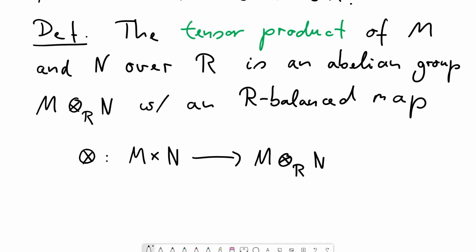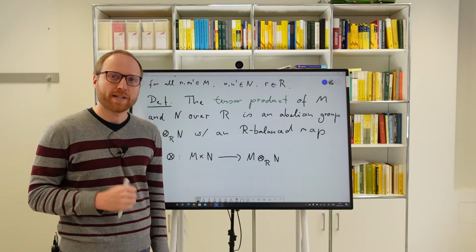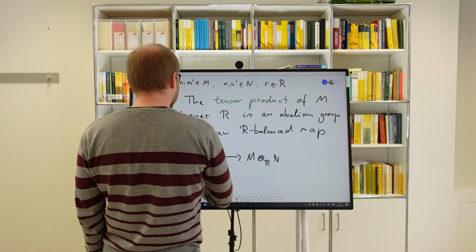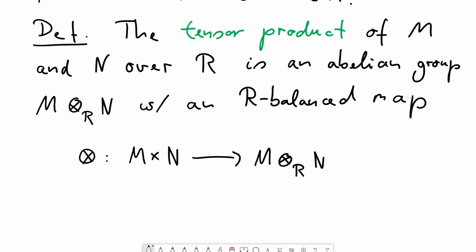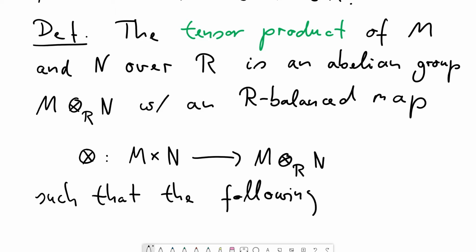And now we need to convey this idea that it is the most general way of coming up with such an R-balanced map. And this, of course, means it satisfies a universal property. So it is such an R-balanced map such that the following universal property holds.